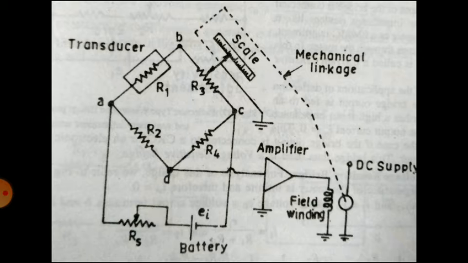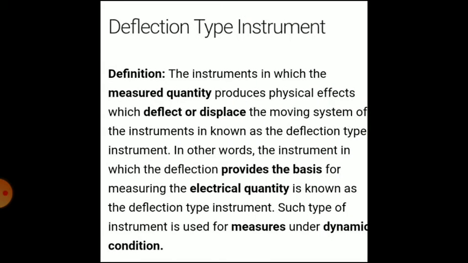So in a null type bridge, the bridge is balanced so that the output voltage will be 0, and according to that the unknown quantity can be found out. So that is regarding the null type Wheatstone bridge. Now the second type is the deflection type Wheatstone bridge.